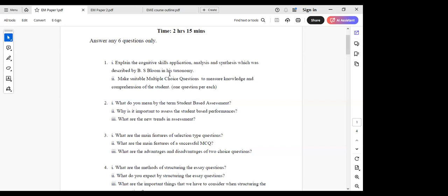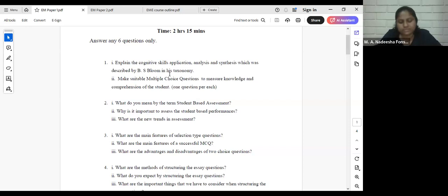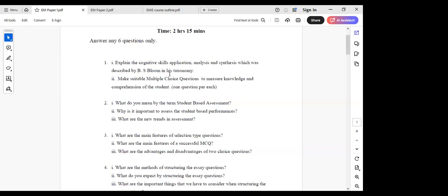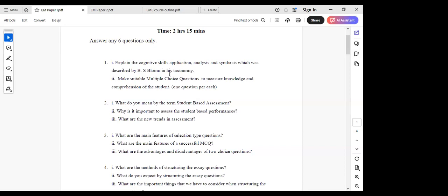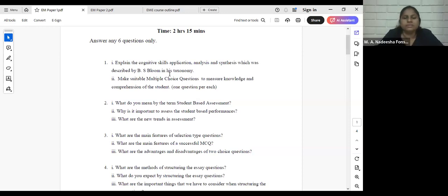Example, explaining the blood circulatory system. And synthesis, putting parts together as a whole. Example, writing a summary essay. Yes. So if you write clearly this kind of information, is that enough? Yes, that's enough. Okay. All right.